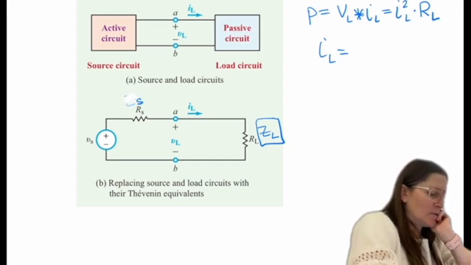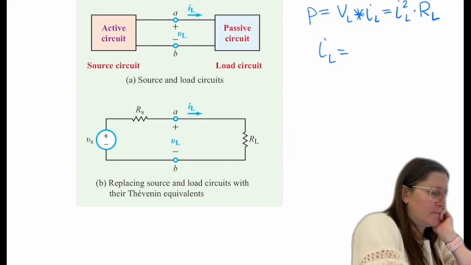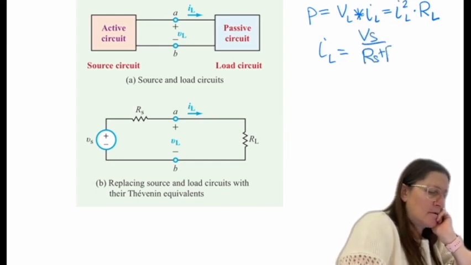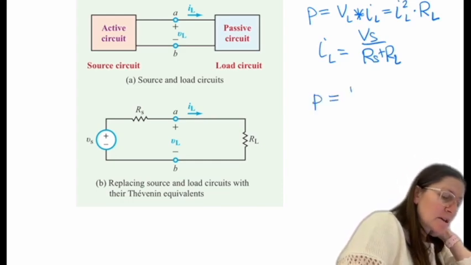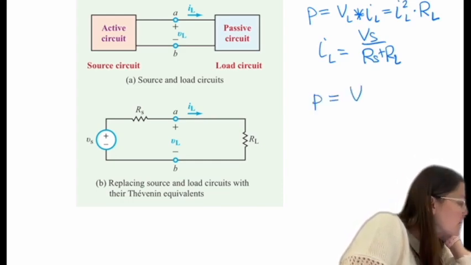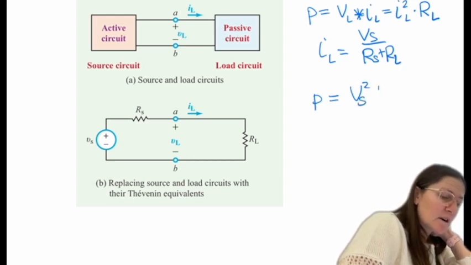I'm just going to do it with R's first. I_L is V_S divided by R_S plus R_L. Correct. And so our power is then going to be V_S squared R_L over R_S plus R_L.